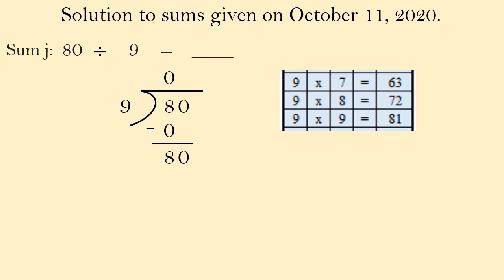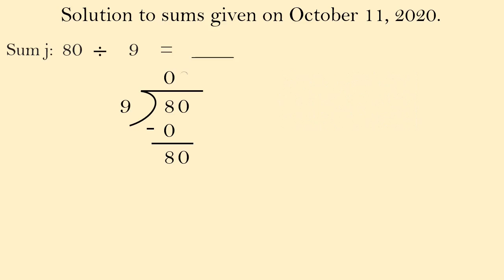Just one number difference, but 81 is not less than 80. I said a number that is less than or equal to 80. So 72 is less than or equal to 80. So we'll take 9 8s are 72. Now subtract.